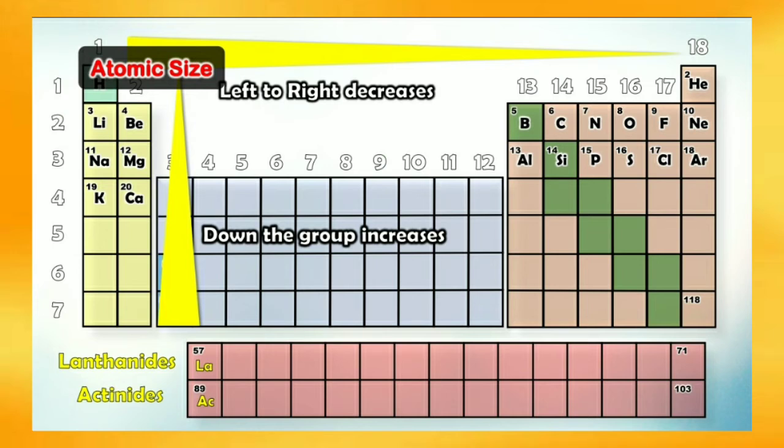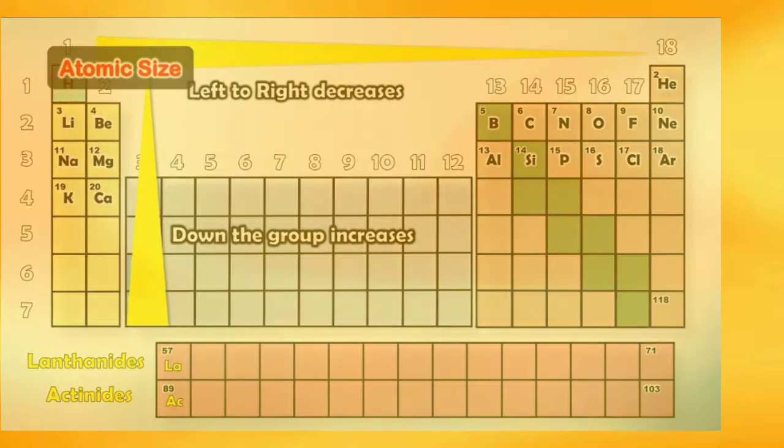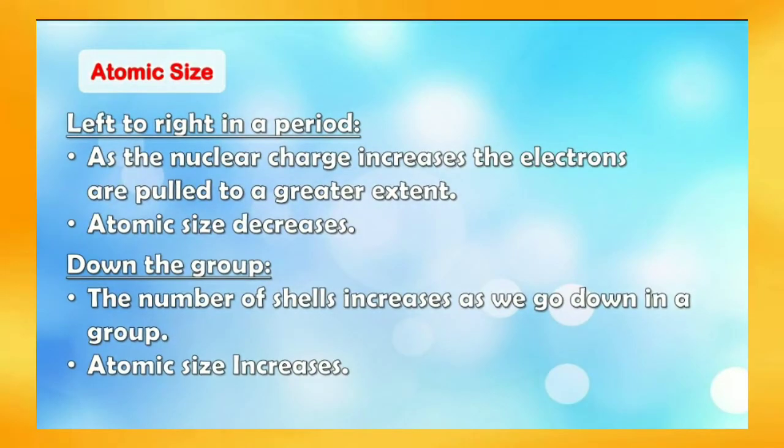So what variations can we observe in atomic size in this periodic table? If we observe the periods from left to right, atomic size decreases, while down the group, atomic size increases. Look here, left to right in a period, as the nuclear charge increases, the electrons are pulled to a greater extent and therefore atomic size decreases.